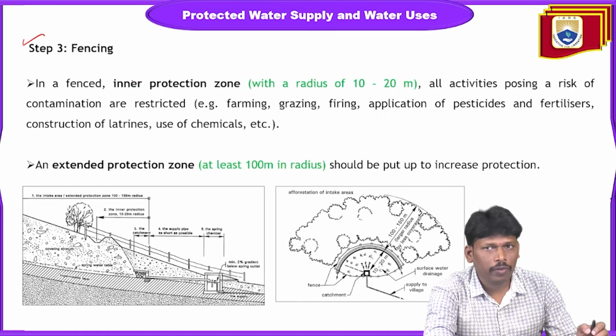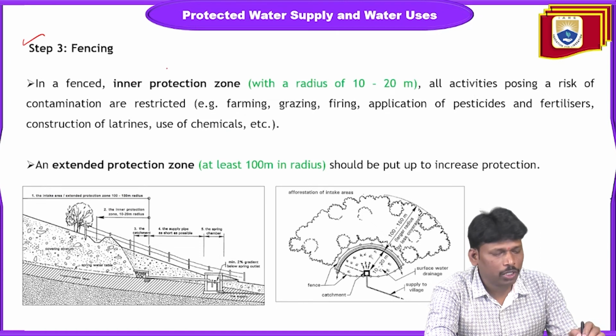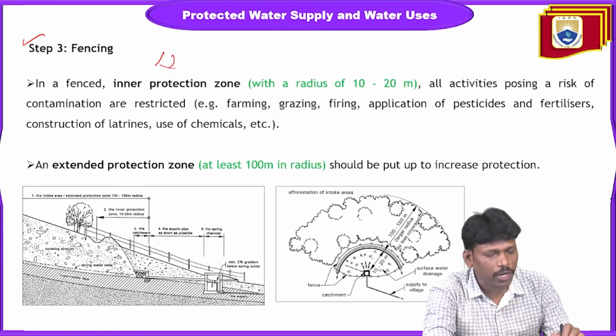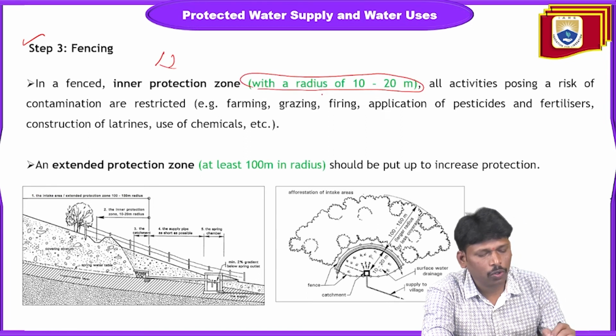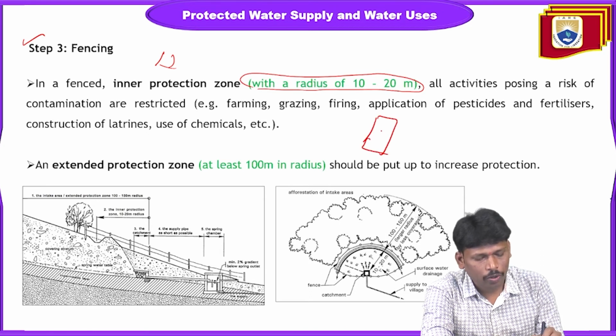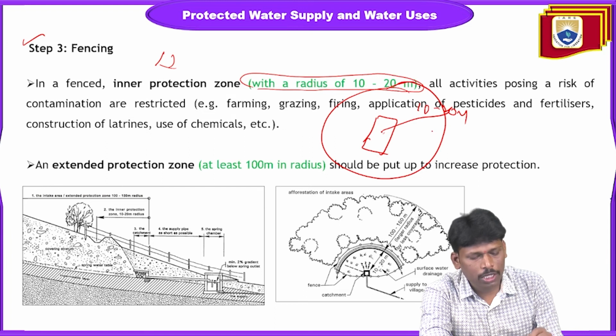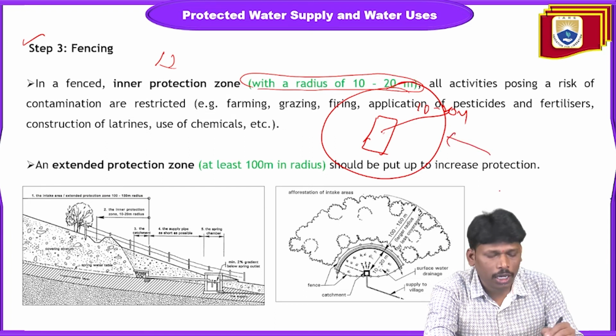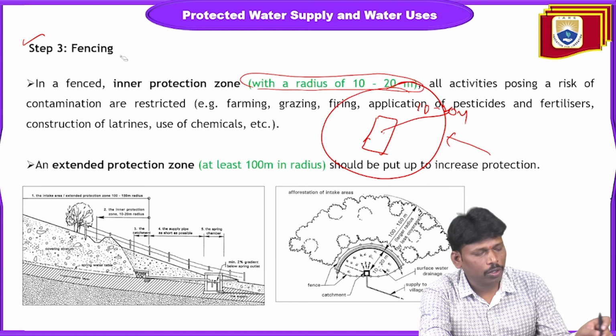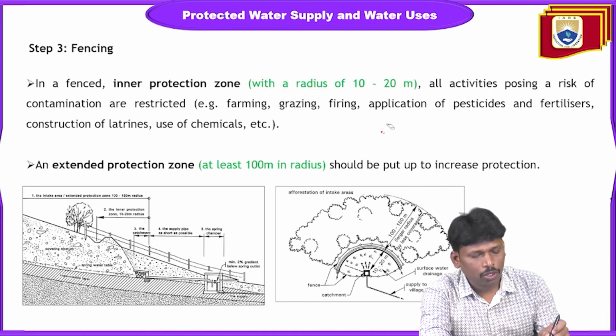So if you construct a fence with a radius of 10 to 20 meters from this source, then we can avoid the entry of other contaminants into this source.